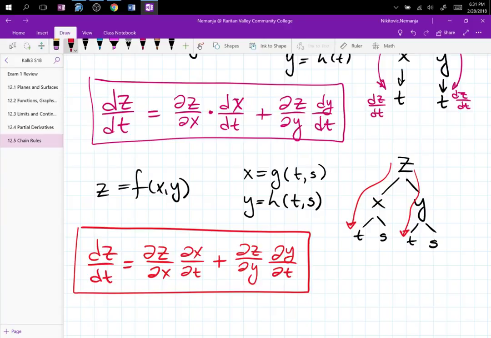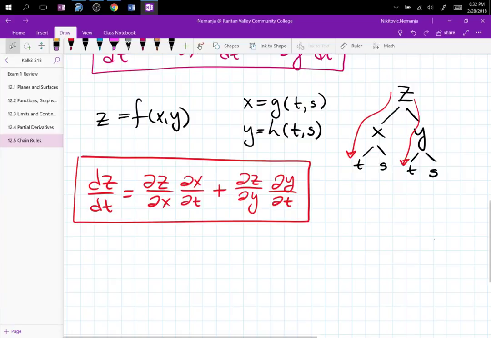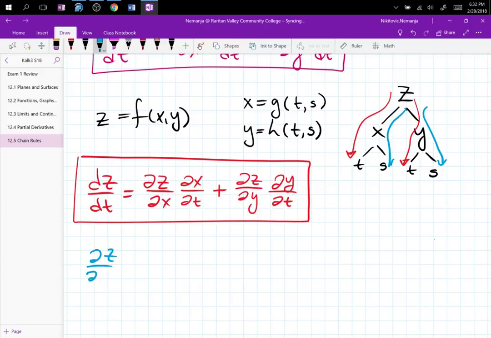Now, I also promised the plural thing. I have another variable here, and that's the blue path, the blue path of going from z into s. That path has its own dz ds. I actually used the wrong d's over here because there's branching everywhere. There we go.